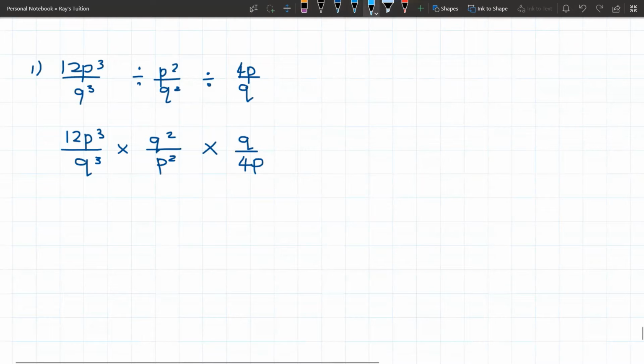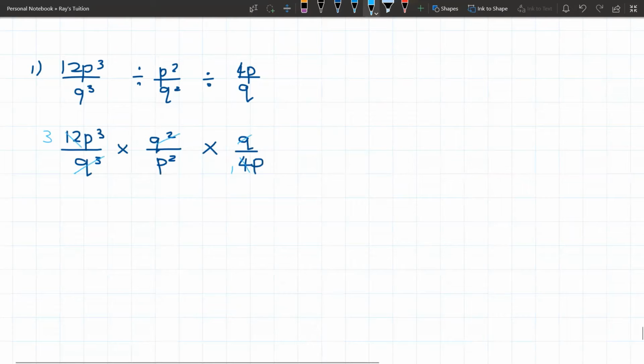So now there's only multiplication, so we can cancel. You have two options. You could multiply before cancelling, or you can cancel. It's up to you. So the 4 goes into 4 once, and it goes into 12 3 times. There's 3 q's in the denominator, and there's 3 q's in the numerator.